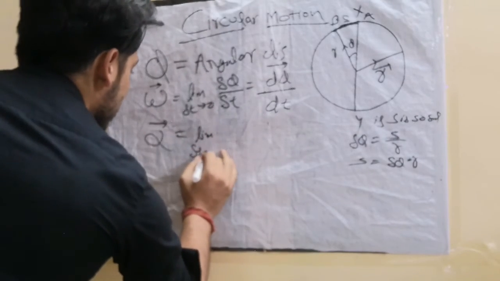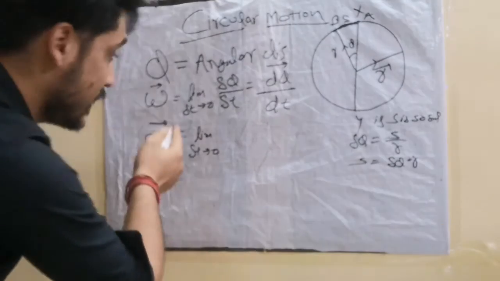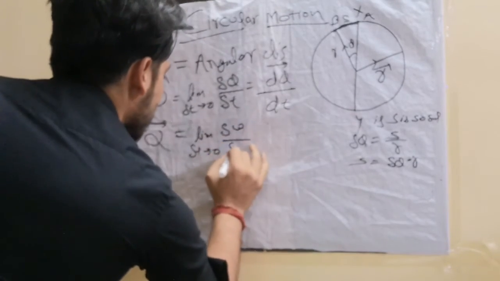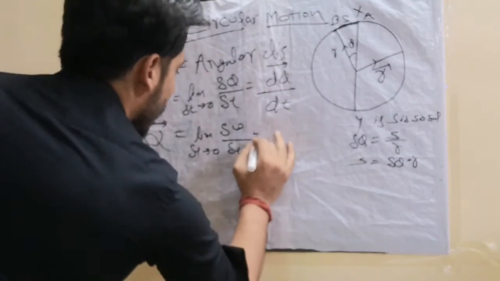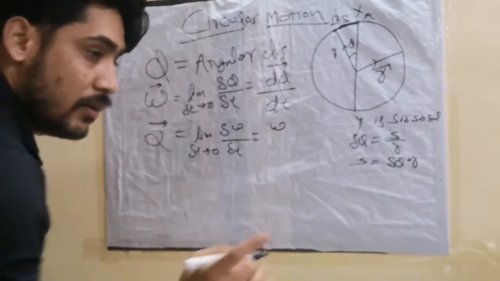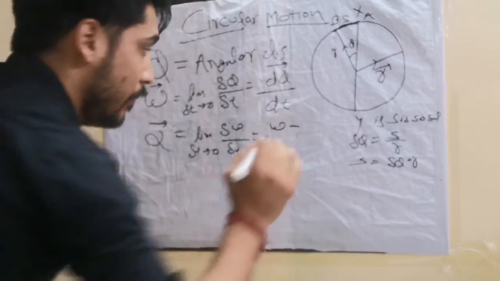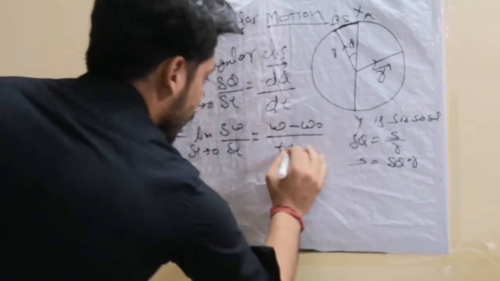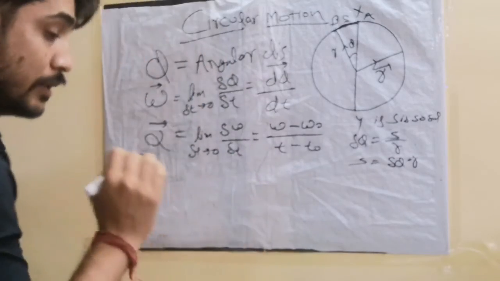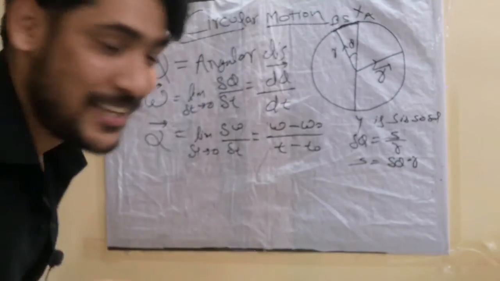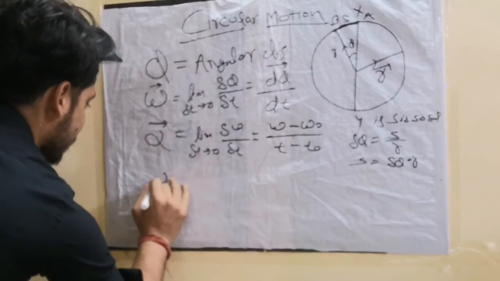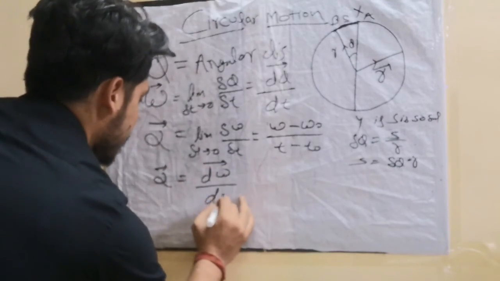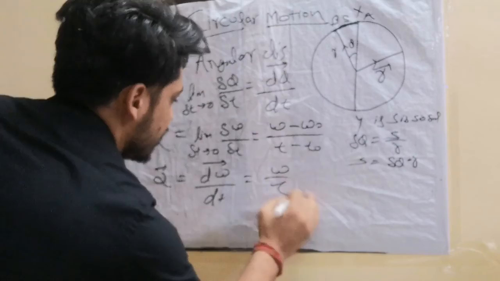Limiting delta t tends to 0, instantaneously, delta omega upon delta t, that is the final angular velocity minus the initial angular velocity upon the time minus the initial time. So let's go to d omega upon dt, or omega upon t in simpler terms.